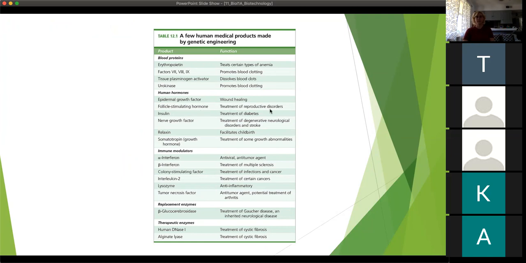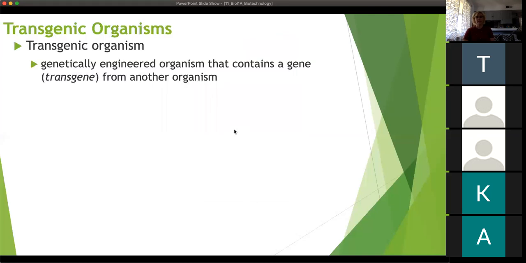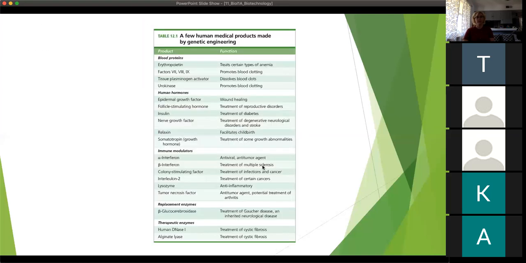So especially in women who are having trouble conceiving, things like follicle stimulating hormone, insulin, of course, relaxin to facilitate childbirth, growth hormone to treat growth abnormalities, immune modulators as antiviral and anti-tumor agents, treatments for cystic fibrosis. So these are medical products that we now have that are accessible to patients for the most part because of biotechnology.